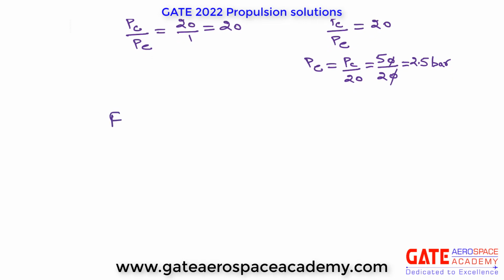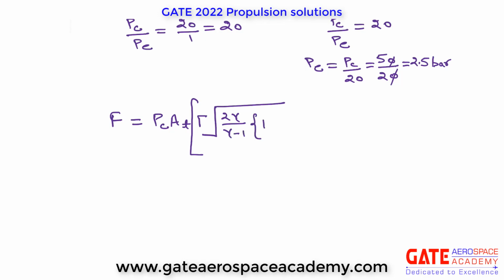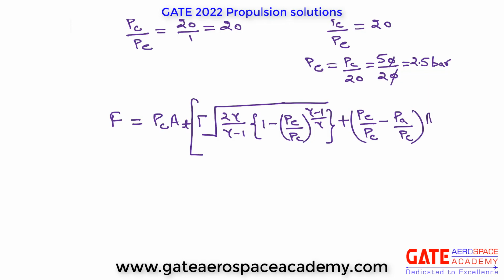we can write thrust F is equal to PC AT, chamber pressure into throat area, bracket gamma under root 2 gamma upon gamma minus 1, bracket 1 minus PE by PC power raised to gamma minus 1 upon gamma, plus PE by PC minus PA by PC, bracket into AE by AT.